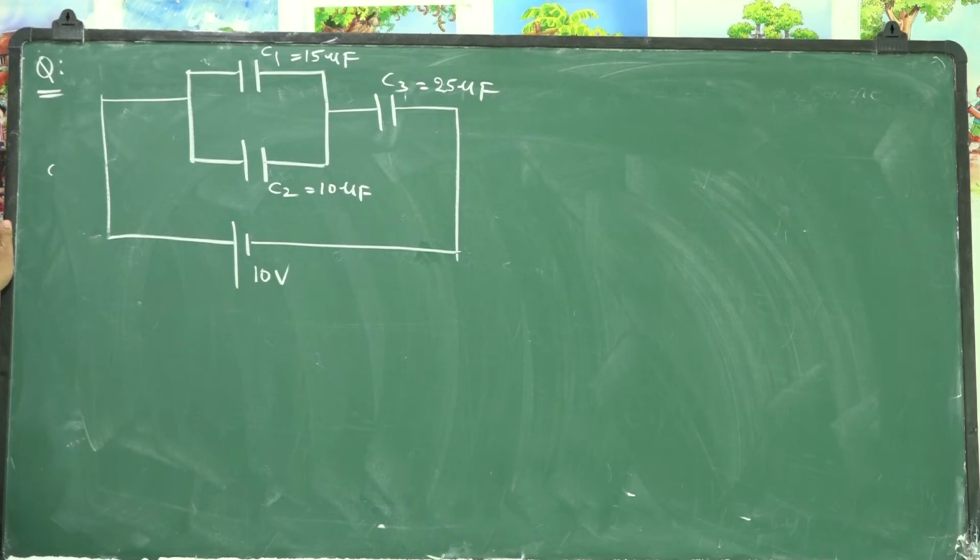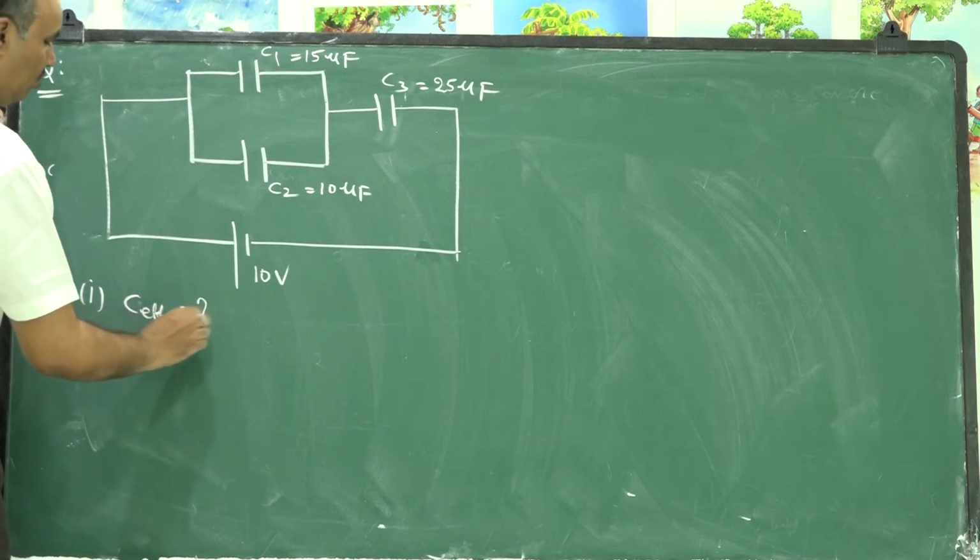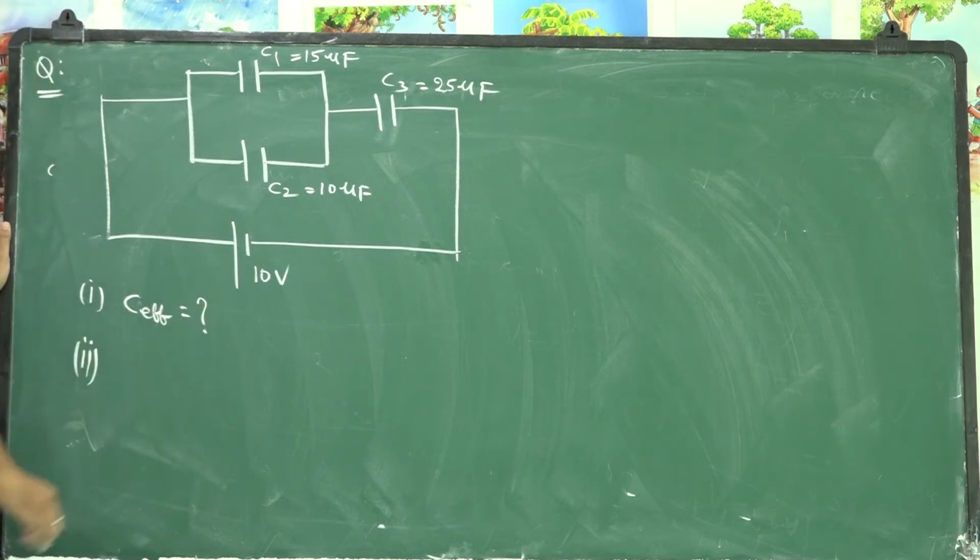The question is, find the equivalent capacitance of the circuit. C effective is equal to how much? This is the first part of the question. Second part of the question, the charge on each capacitor.